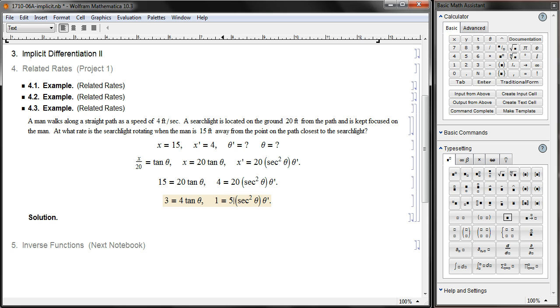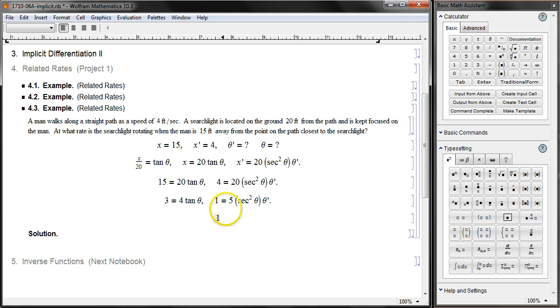Okay, alright, that's a little bit better. Now from here you can find theta and then plug it into this, but that may be overkill because there's a relationship between tangent and secant. Here you go. 1 plus tangent squared of theta is equal to secant squared of theta.